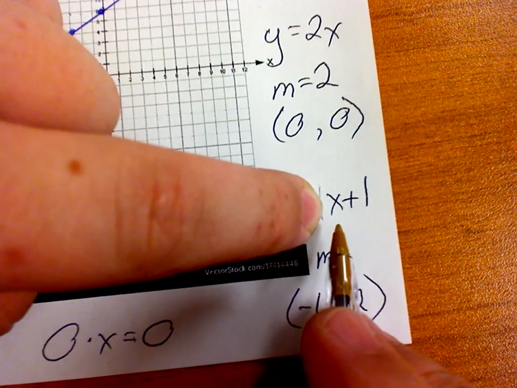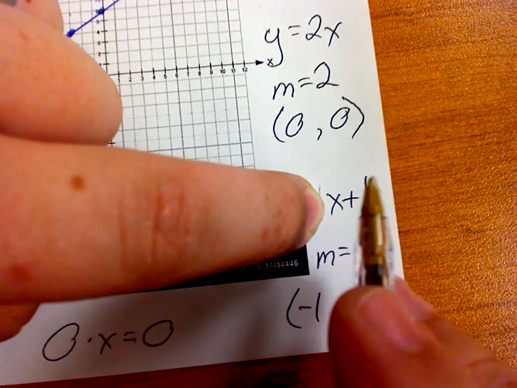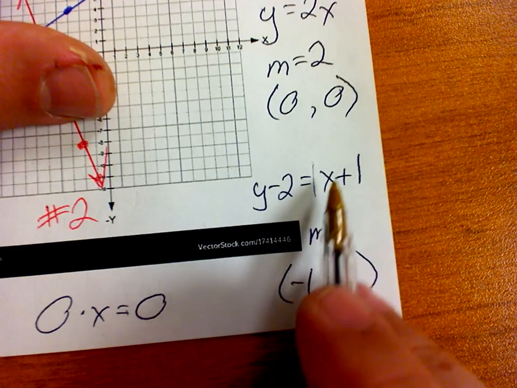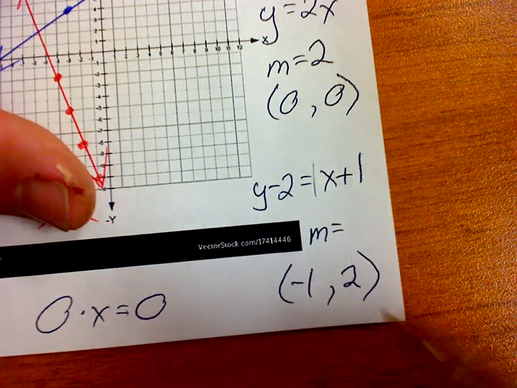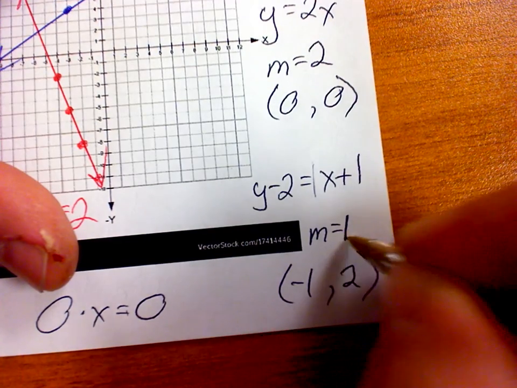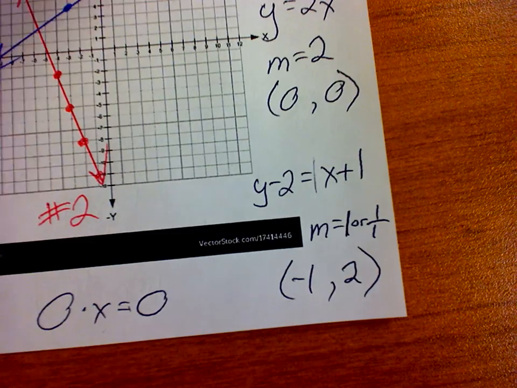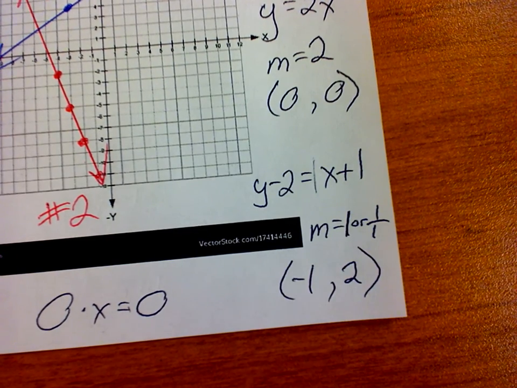We're looking for the number that we multiply a value by and it doesn't change the value. And that value is 1, because there's a single x right there. That means the slope of that equation is 1. Now, of course, I did have some students ask, could we write it as 1 over 1? And yes, you sure can, because it is easiest to look at the slope as a fraction.